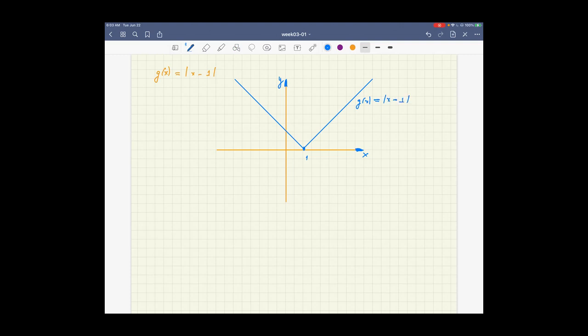Now, if we were to reflect this graph vertically, what would we get? We would have gotten the graph that looks very much similar to this one. Let me use red. All we need to do is just to put a minus in front of the absolute value.